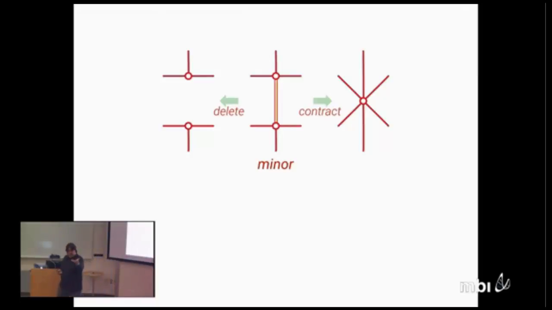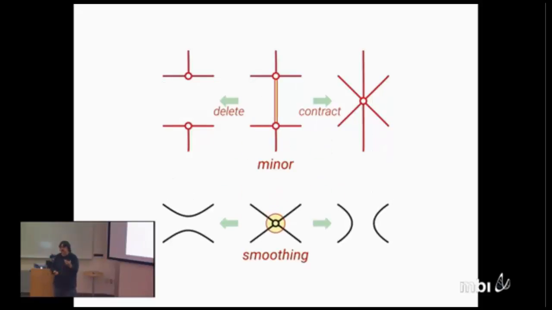But I want to view this through the lens of medial graphs, so I look at what effect deletion and contraction have on the medial graph, and this turns out to be just smoothing the vertex. This is completely symmetric because the dual of deletion is contraction, and the dual of contraction is deletion. This is essentially the most elementary version of Poincaré duality that you can possibly imagine.